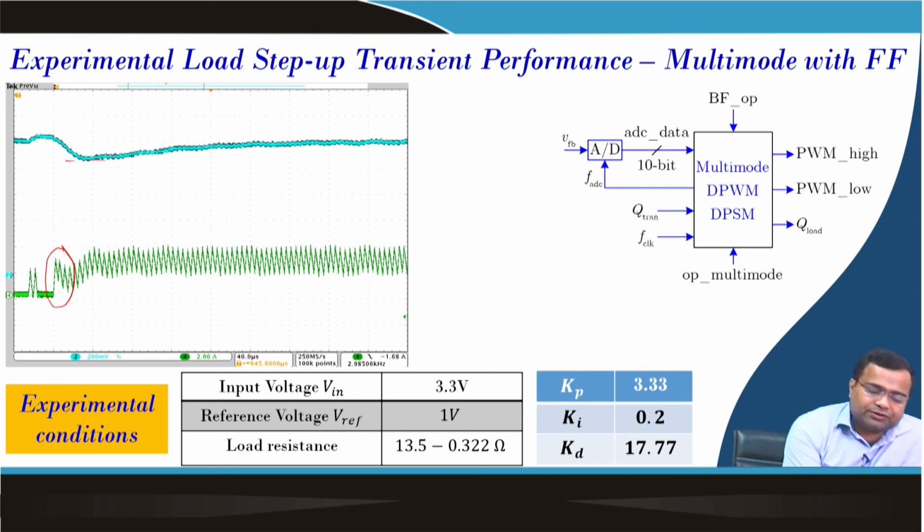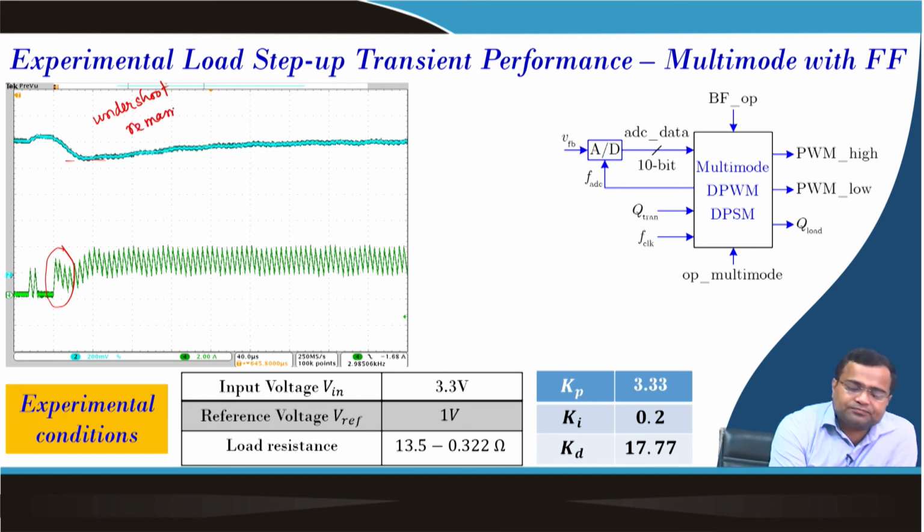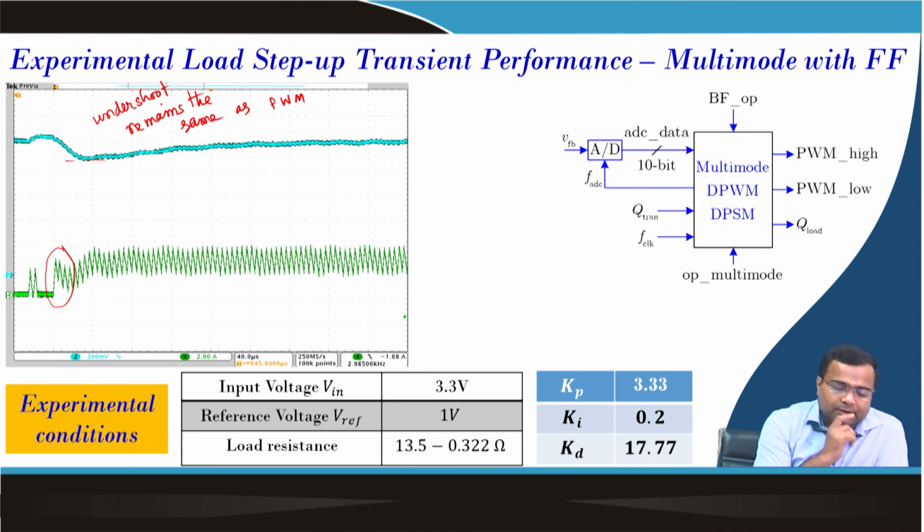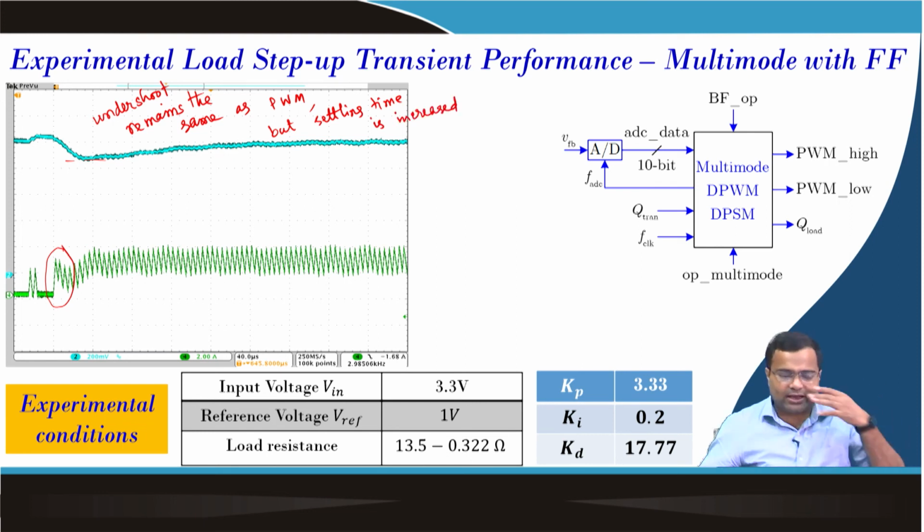So, this undershoot remains the same as PWM, but settling time has increased, because the integral will take slow action to reach, but we can make the output voltage undershoot reduced.